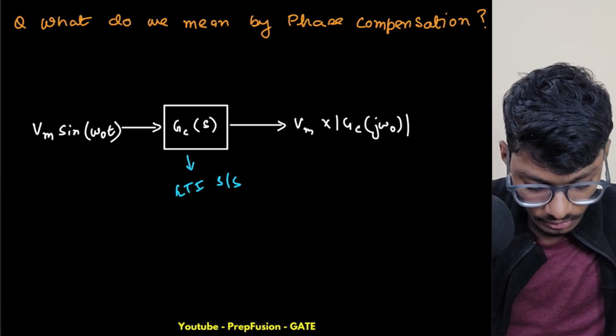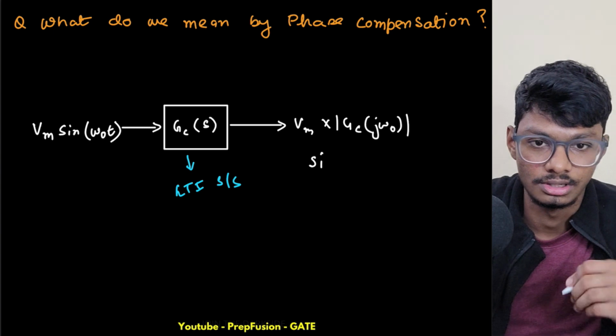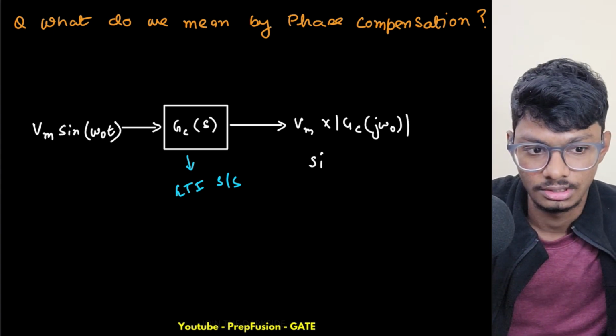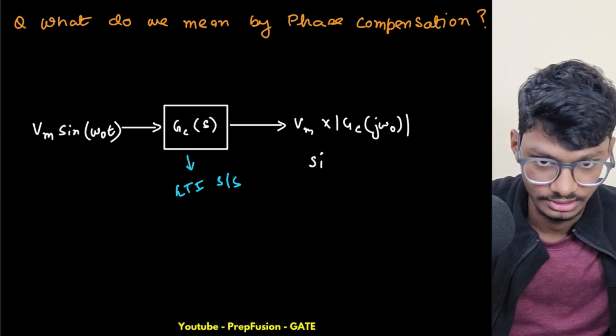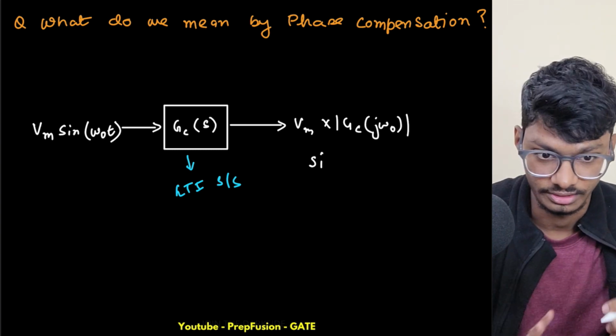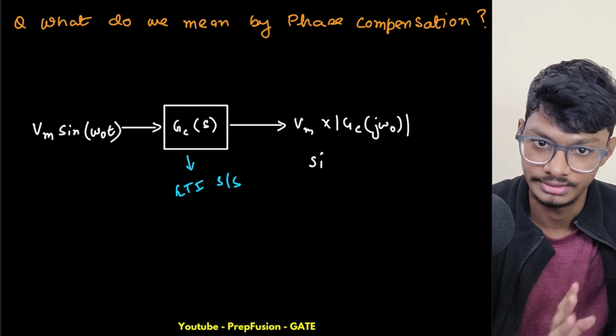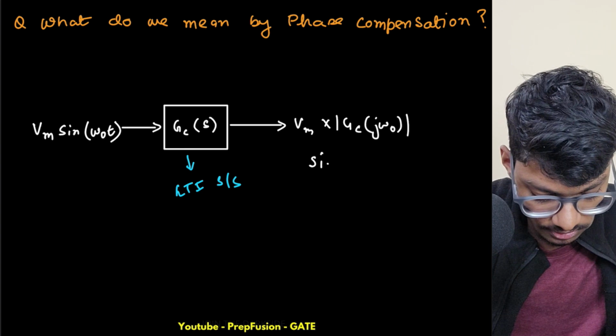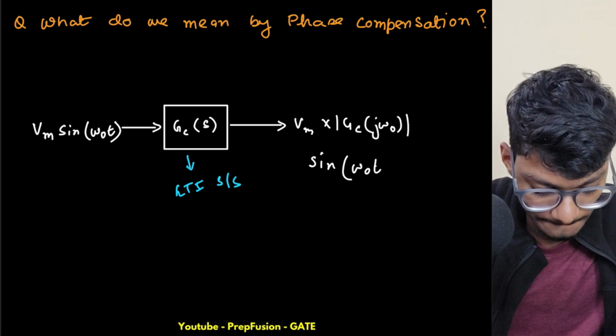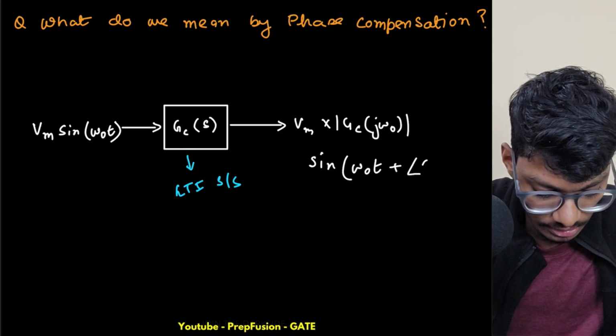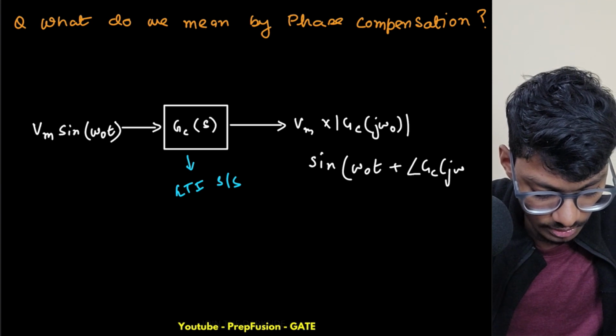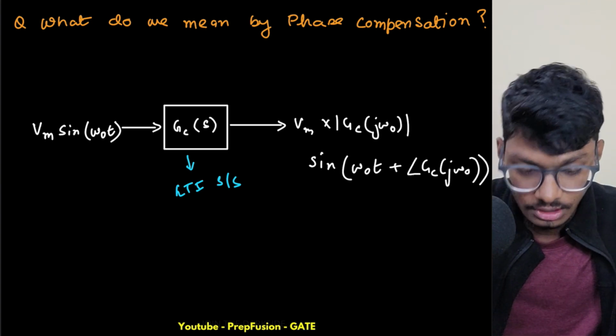This is the signals and systems concept of eigenfunctions, which you will learn there, but I am directly writing the result here. The output will be sine of omega naught t plus the angle of GC of j omega naught.